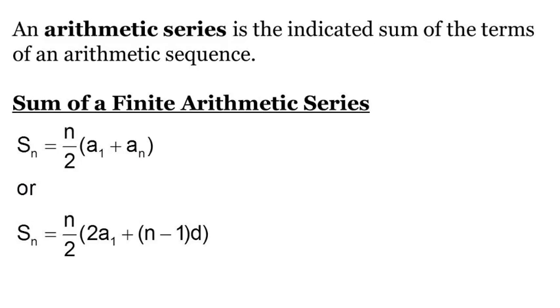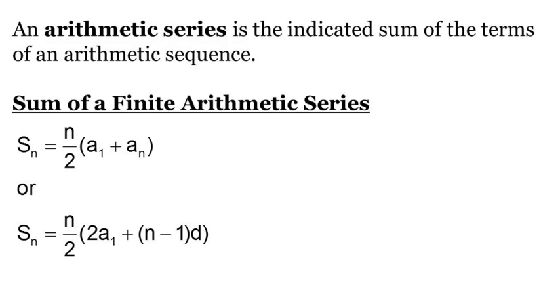So an arithmetic series is the indicated sum of the terms of an arithmetic sequence. So we can use these two formulas to find the sum of a finite arithmetic series. So remember, a finite series means a certain number of numbers in a sequence, not an infinite amount, but a countable amount.